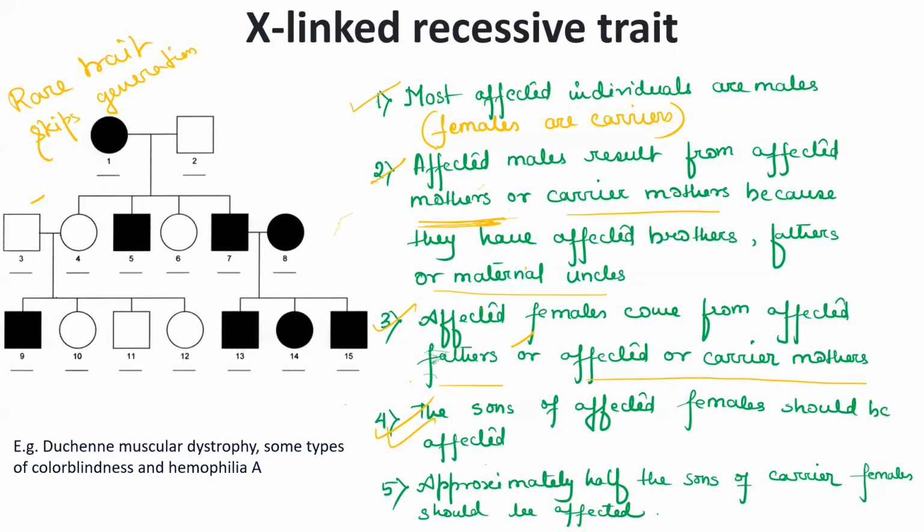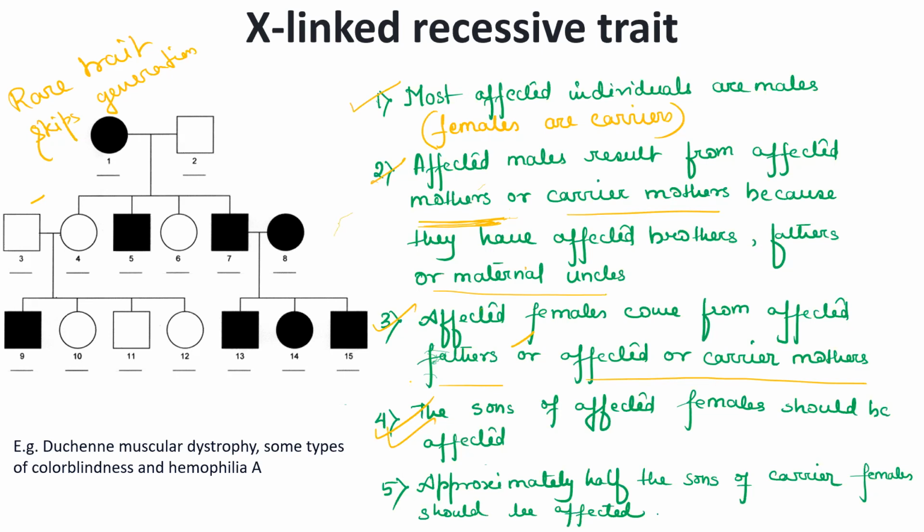The father has X as well as Y, but the mother has got no options, right? So if the son is affected, he has definitely inherited that X from the mother. I mean, the sons of affected females should be affected if you take the reverse way.